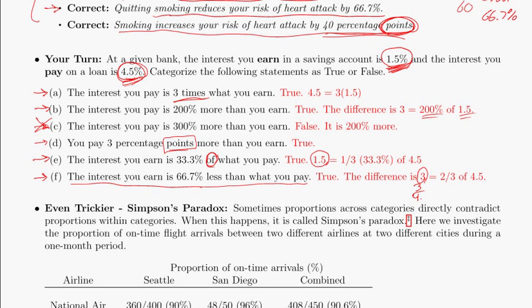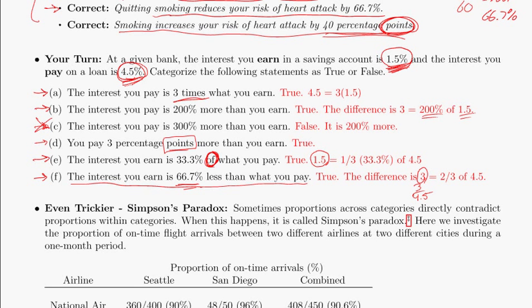And so 2/3 represented as a percentage is 66.7%. So the interest you earn is 66.7% less. And notice the difference here is "of," where it's 33.3% of the value you pay. And here it's 66.7% less than, right? So there's a 66.7% change, right?